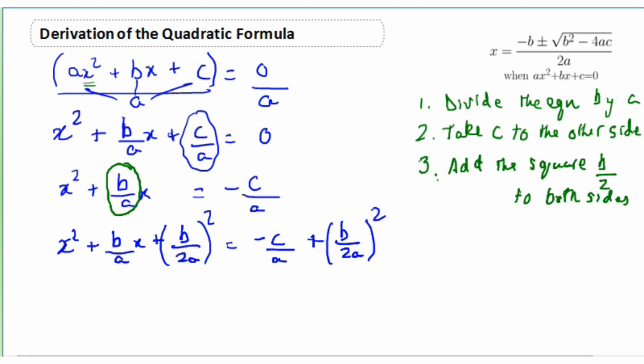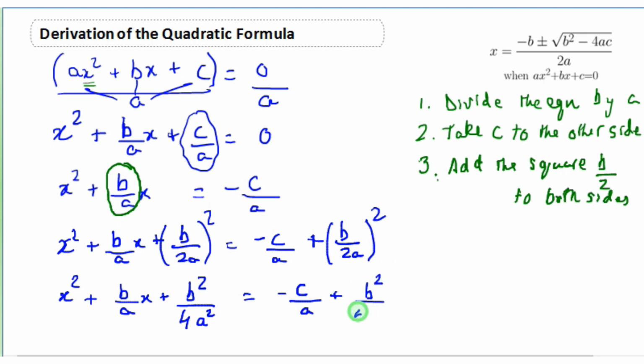And next we'll just simplify the equation, so we'll just square and see what it comes out to be. So it becomes x square plus b over a x plus the square of b is b square, and the square of 2a is 2a times 2a, so 2 times 2 is 4, and a times a is a squared, so 4a squared. And on the right hand side we get negative c over a plus b square over 4a square.